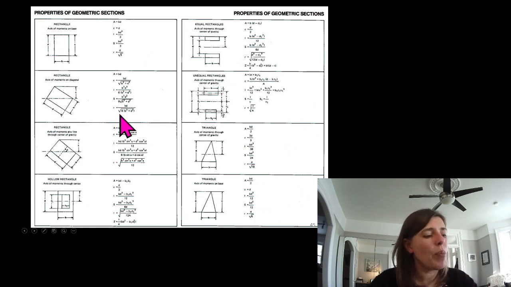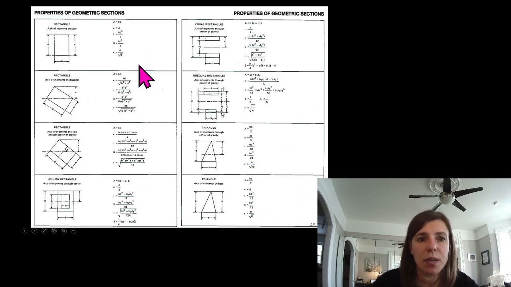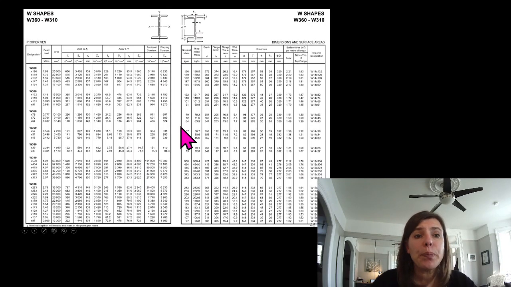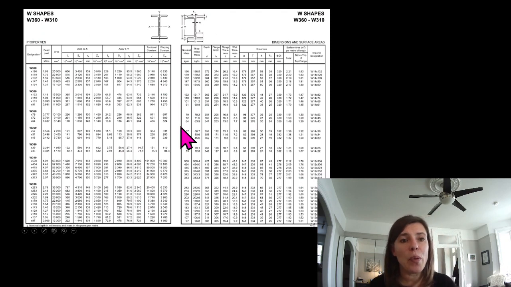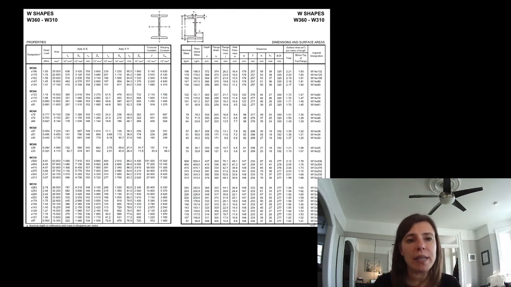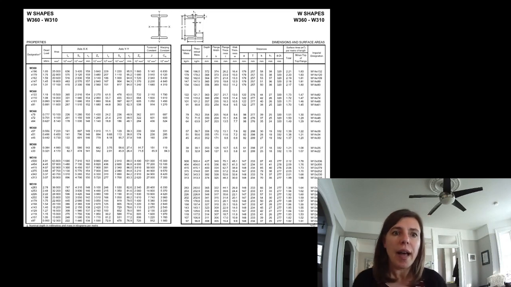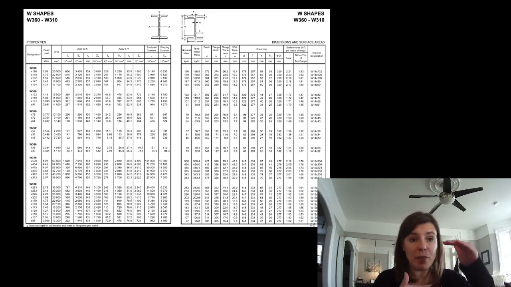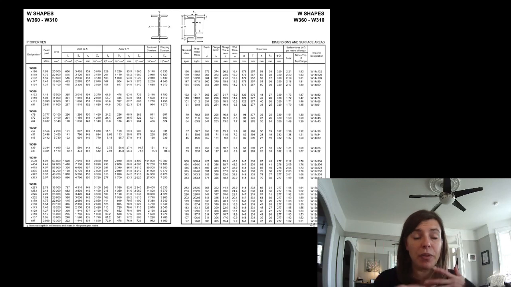So here's a whole bunch more shapes. This is uploaded to Quercus, so you can calculate A, S, Z, and I for any shape you want. But for the members that we already know, why would we waste our time doing it when we know it's a section that exists in the world with actual hard dimensions, so a depth and a width, not just a triangle?